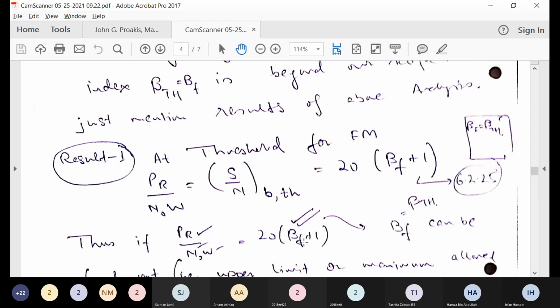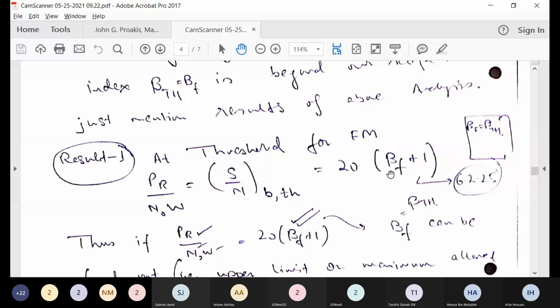So I will get the maximum amount of beta that I can use, because if my beta is greater than this threshold beta, which you get from this equation, then you can very well see that your signal to noise ratio threshold will also increase and will become greater than the signal to noise ratio at the baseband level that you are actually getting, and hence your additive assumption of signal and noise will not hold.